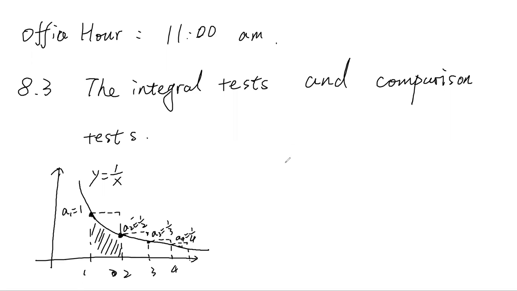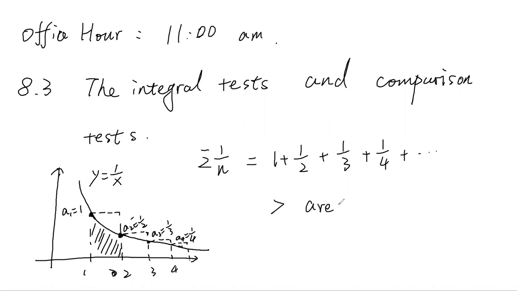So we have concluded that the sum 1 plus 1/2 plus 1/3 plus 1/4 plus dots, this is the harmonic series, is greater than the area of y is equal to 1 over x on 1 to infinity. Any questions about this conclusion here?